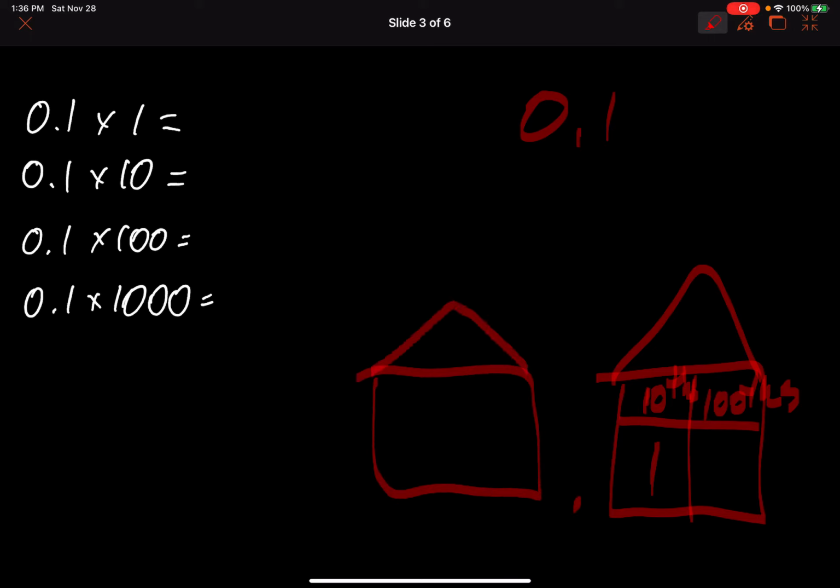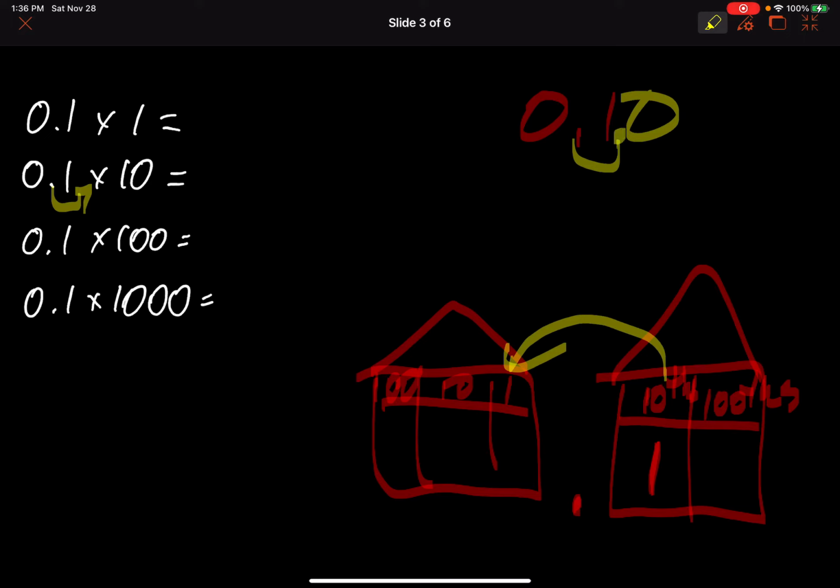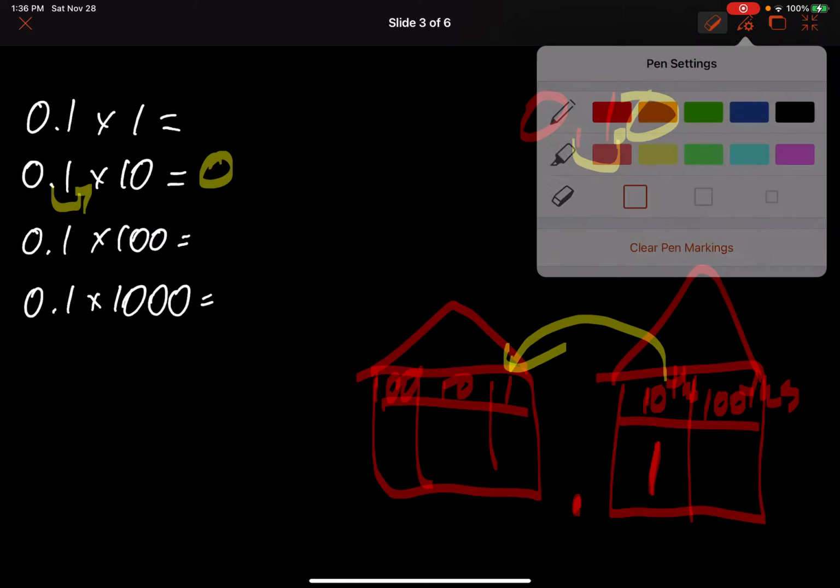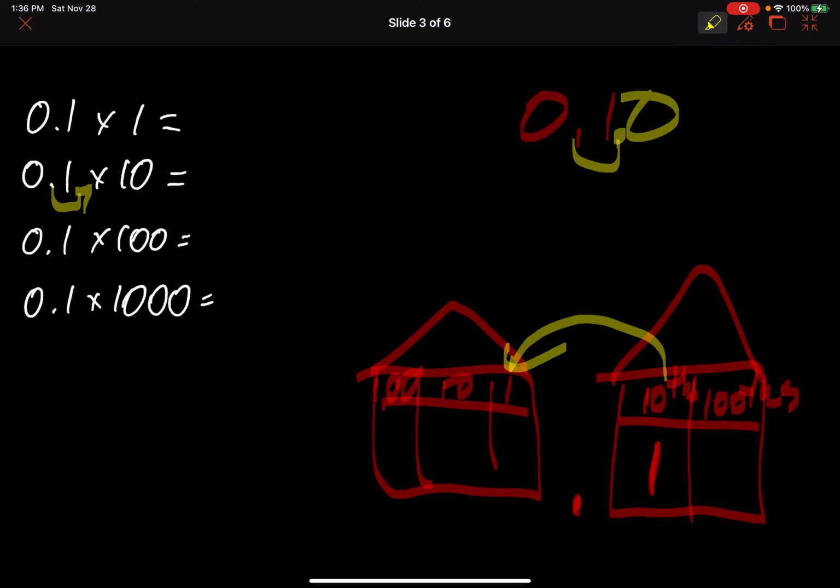If I am multiplying 1/10 here by 10, again, the rule for our whole thing is it moves 1 place over. So the decimal is actually moving to the right. It moves 1 place to the right. So this would become, not a 0, 1.